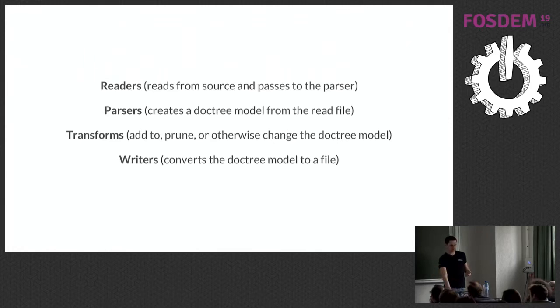Readers and transforms: the first isn't that interesting because it's basically pulling the text out of actual files. Transforms are interesting, but I don't have enough time to go into them today. So I'm going to be mostly focusing on the other two, which are parsers and writers.